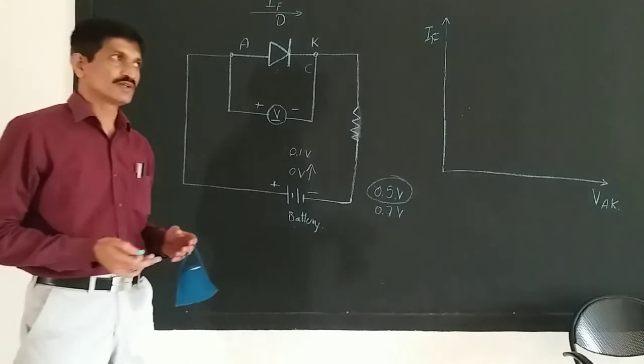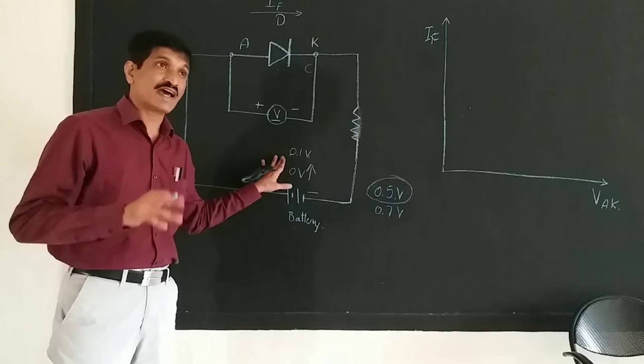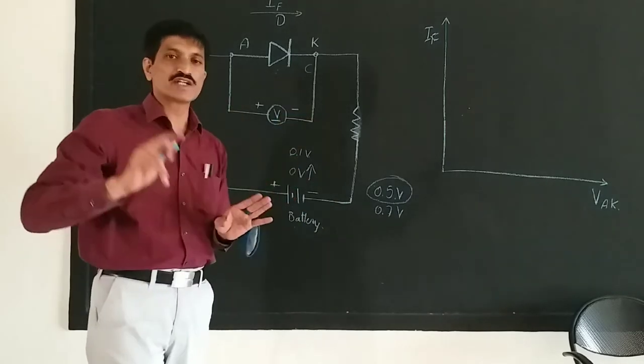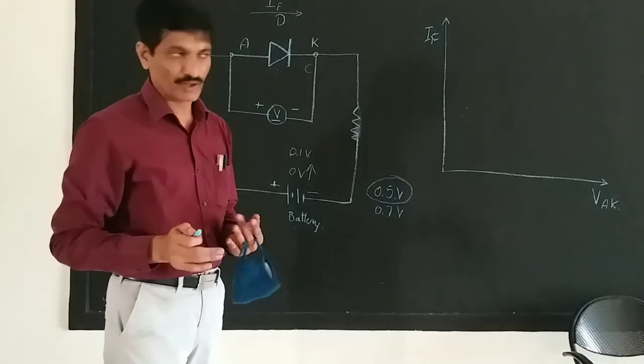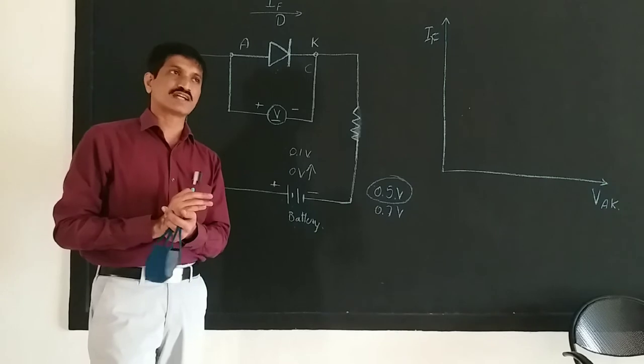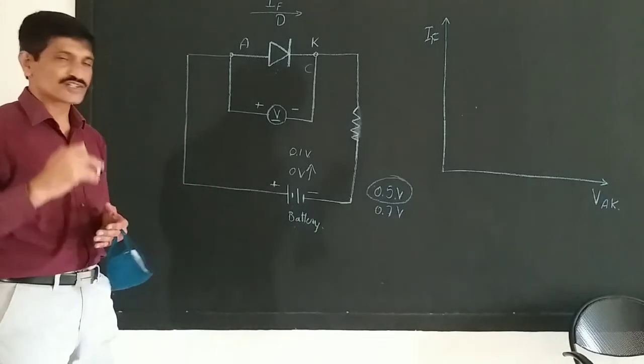The first step will be incremented by 0.1 volts. In the next step, another 0.1 will be incremented so that the applied voltage will be 0.1 plus 0.1, it is 0.2 volts. In the next step, another addition of 0.1 volts, therefore the applied voltage will be 0.3 volts, and so on.